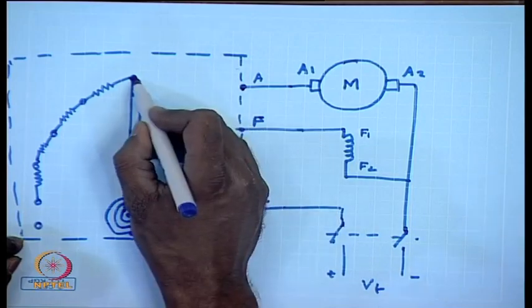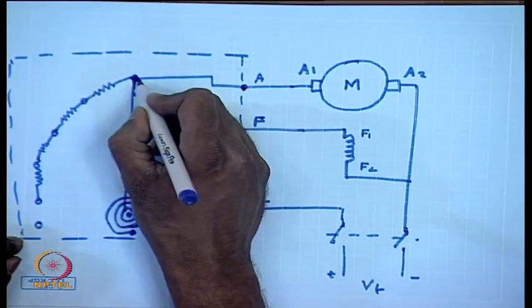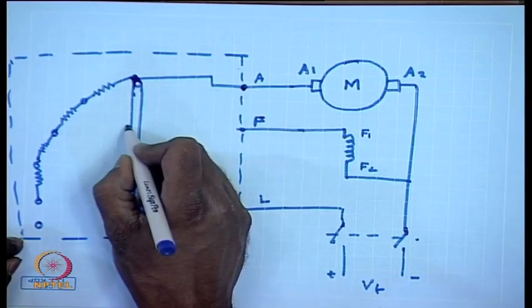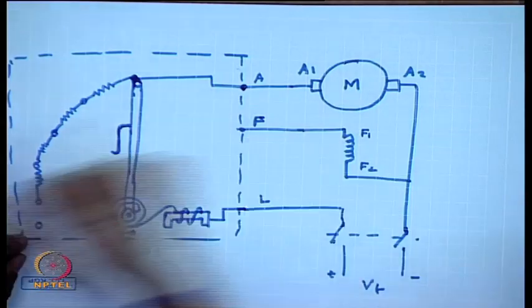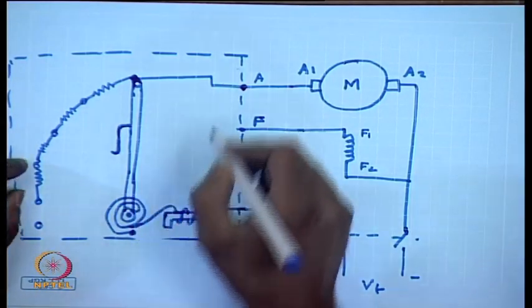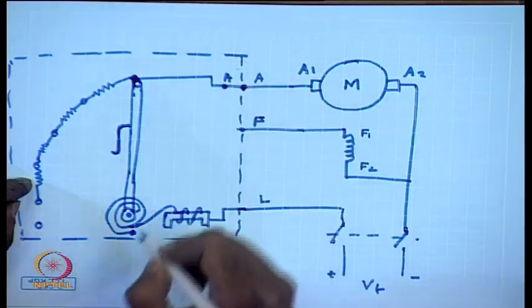One of the armature terminals is connected to the last point. This handle is movable with an external insulated shaft. So, these are three corresponding terminals on the starter.